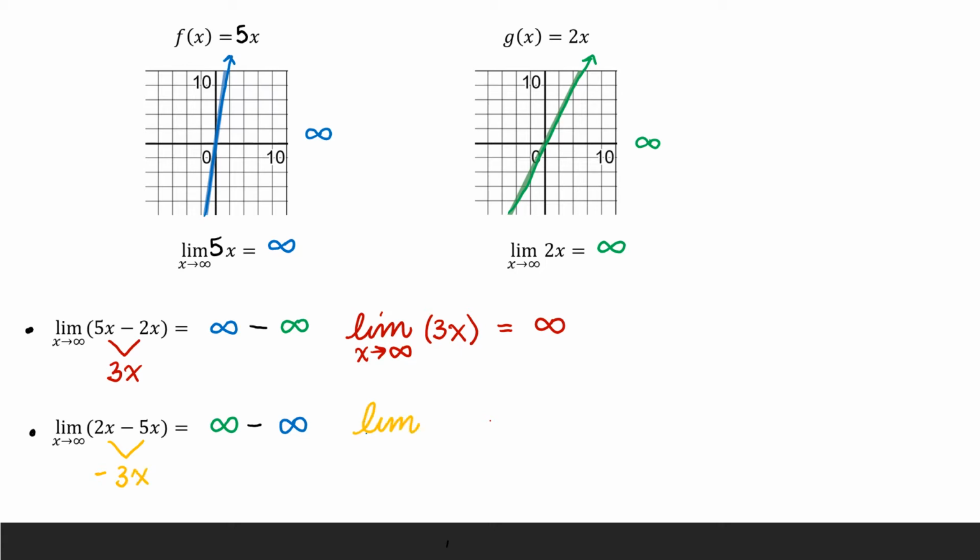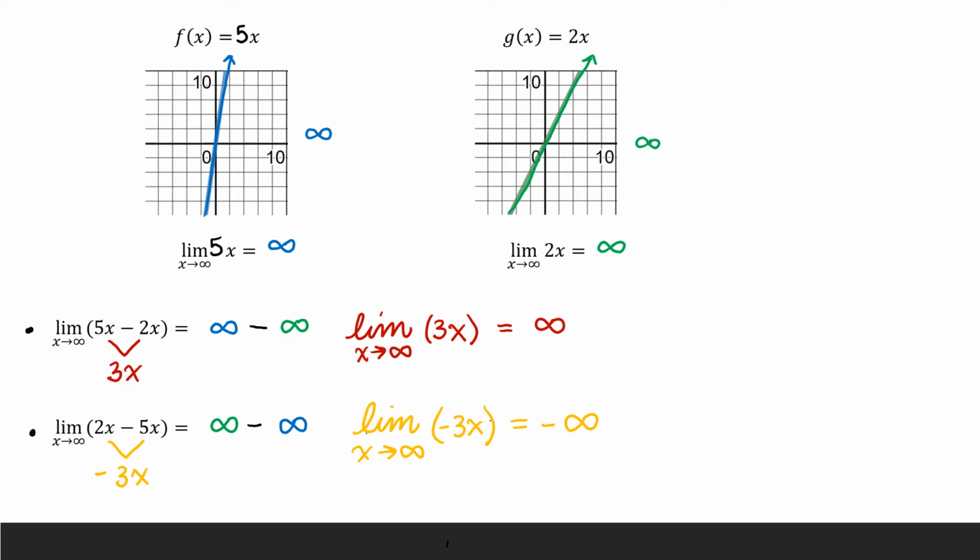So this is the same as the limit as x approaches infinity for negative 3x, and we get that the limit is negative infinity. So when you have infinity minus infinity, we have to think about which infinity is bigger or moving faster. And for more complicated functions, we can't always tell exactly which one is moving faster. So we have to be able to do more work.